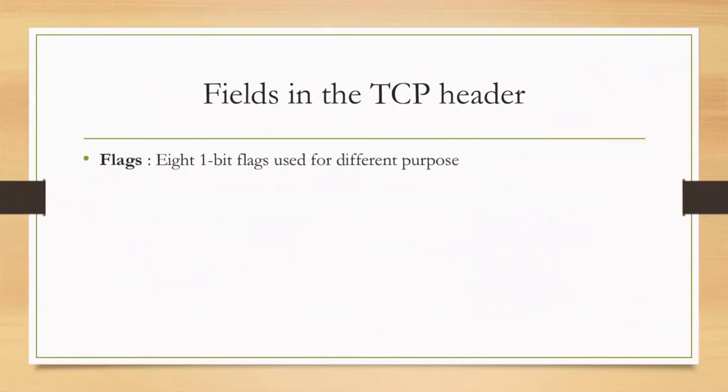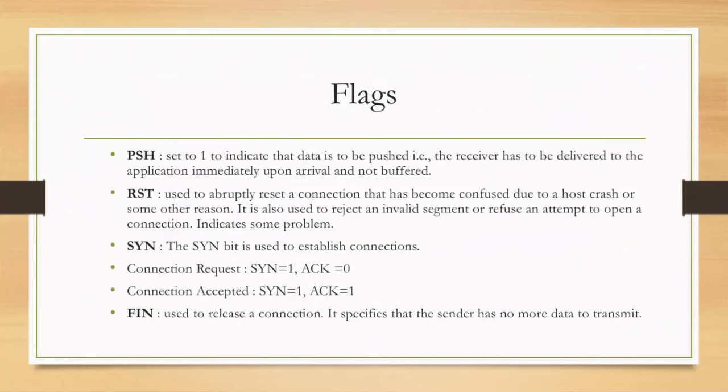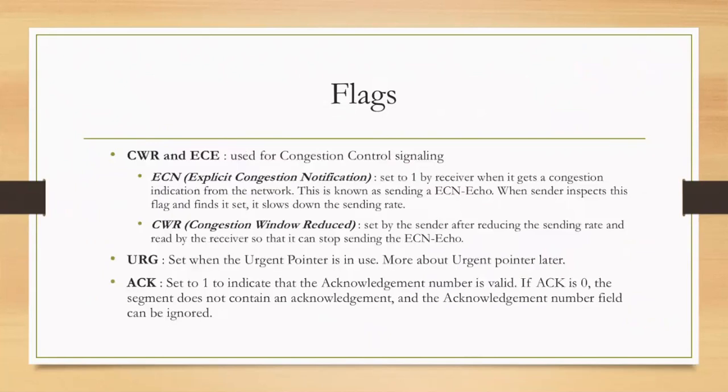Then you have the flags. You have 8 1-bit flags, and each of these flags has a different purpose. Let's see what these are. CWR and ECE, 2 flags, are used for congestion control signaling.